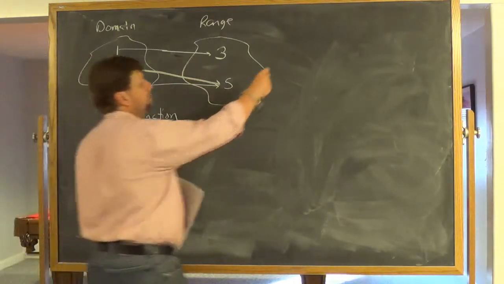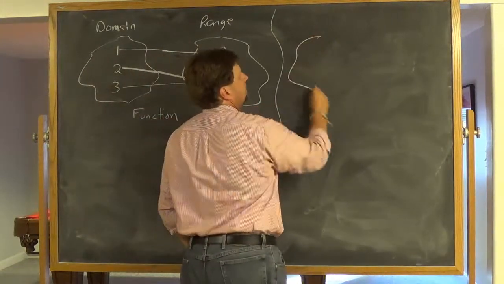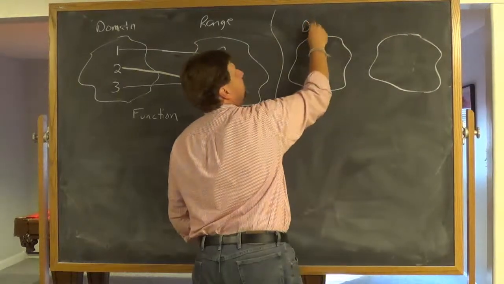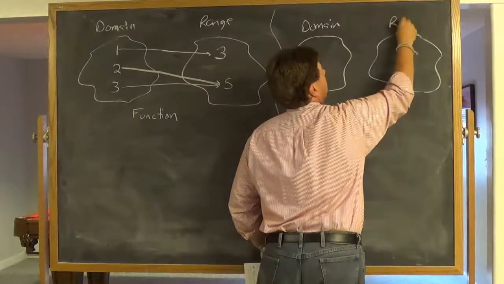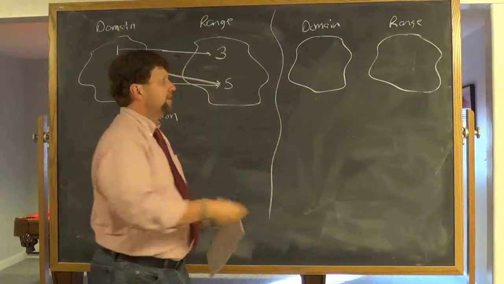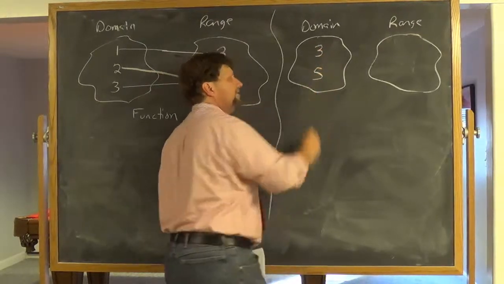Now let's compare that to the following blob diagram. Here's the domain and the range. Say there are 2 elements in the domain, the numbers 3 and 5.